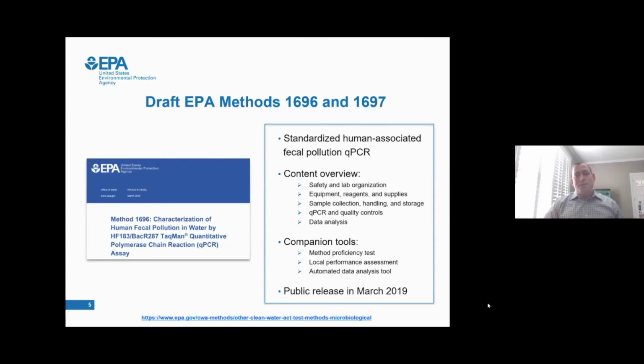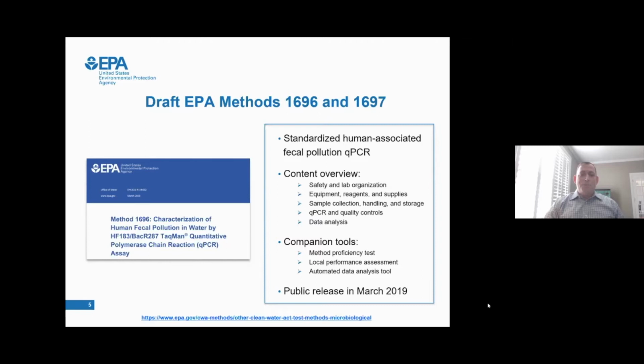So in response to this need, the EPA has maintained an active research program in fecal source identification. And one of our most recent achievements is the public release of draft EPA methods 1696 and 1697. These are protocols that describe standardized human-associated fecal pollution PCR methodologies.